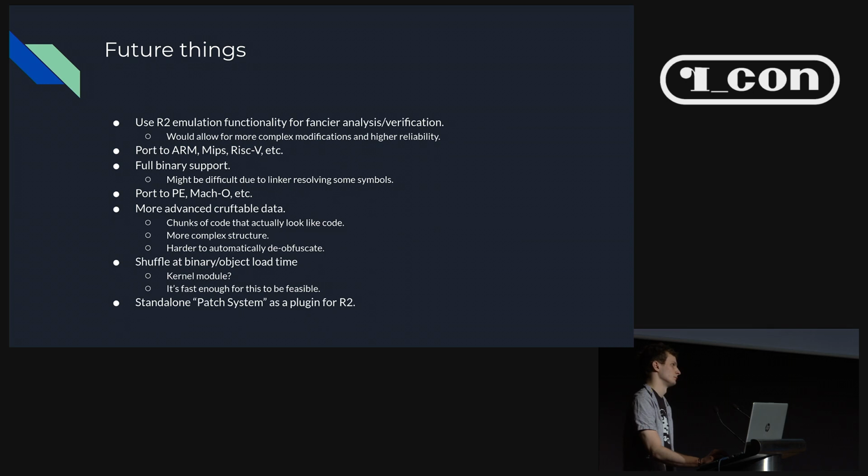Really cool tool, by the way, and I'm seriously excited about you open sourcing it later. Just one question: did you use R2 for the editing of the assembly itself, or did you just go pure C++ and modify the bytes yourself? I think at the moment it's pure C. There was one special case where I was really lazy and I didn't want to figure out how to modify an instruction to convert it from using RBP to RSP.